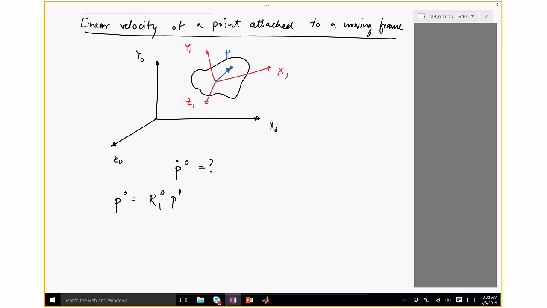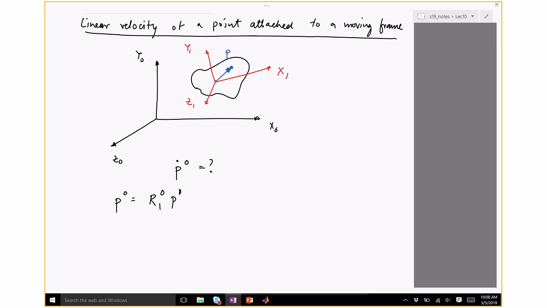We're trying to keep track of that point P1 with respect to a frame which is fixed to the ground, which does not move. That's x0, y0, z0. So let's say that this point initially is right down there, which means that it's going to be along the x-axis of the frame. So let's say 5 meters.